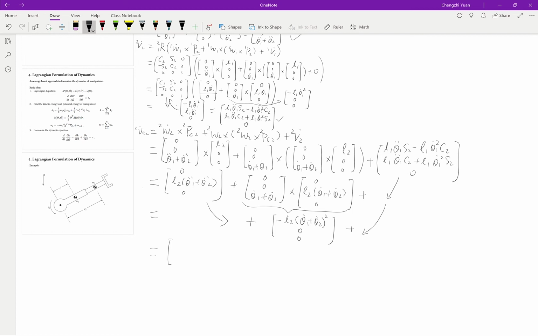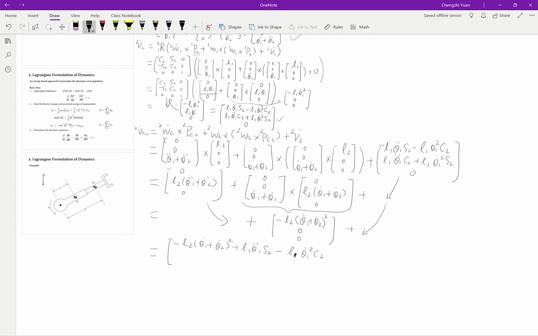B equals negative L2 (theta 1 dot plus theta 2 dot) square plus L1 theta 1 double dot S2 minus L1 theta 1 dot square C2.